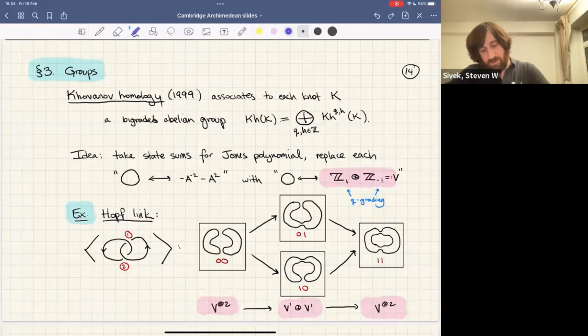Because I've got two different resolutions going on, so I'm taking the direct sum of the things they each produce.